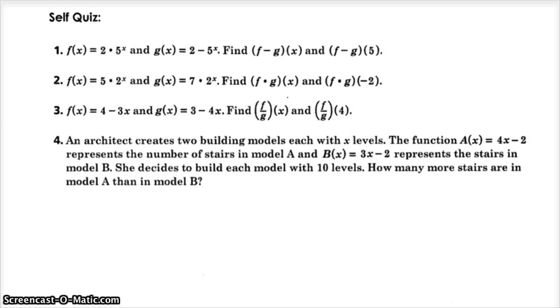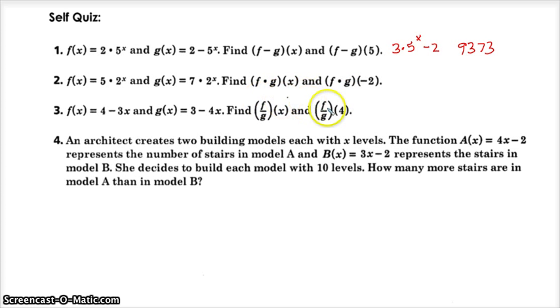All right, on the self-quiz, for question number 1, when I do f of x minus g of x, I should be left with 3 times 5 to the x minus 2. And when I plug in 5, I should be left with 9,373.